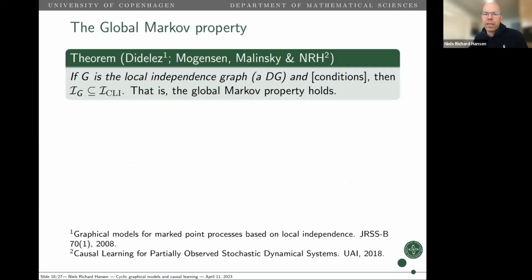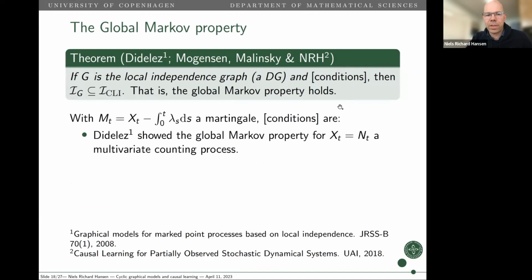So one of the first major results is a global Markov property result, and the first one was established by Vanessa Didelez in 2008 for counting processes, and later we established a similar result that was more general. So there are certain conditions, and some of them are a bit technical.